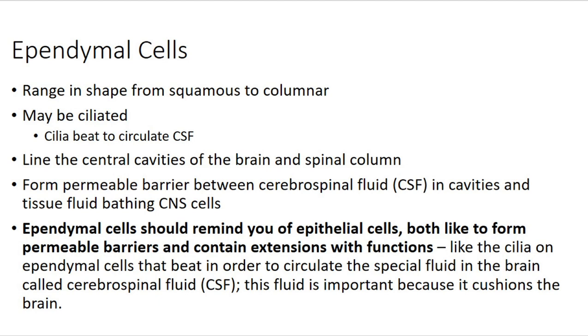They contain extensions like cilia, and their functions, like moving fluid back and forth using those cilia, or being an important sheet and protective in some way, or being secretory or absorptive. Those are things that are seen in both epithelial cells and ependymal cells.